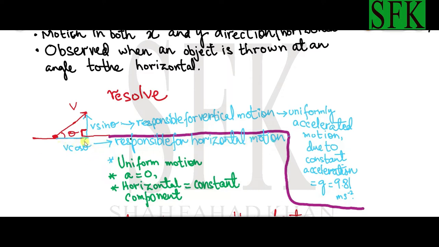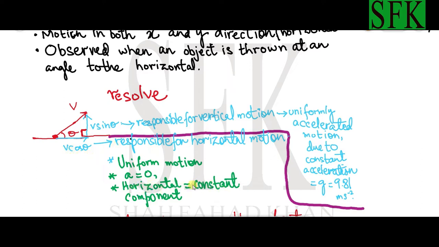It remains constant throughout the motion, because the horizontal acceleration in projectile motion is zero. Therefore such a motion is known as uniform motion, in which the horizontal component of the velocity does not change throughout the motion and remains constant.